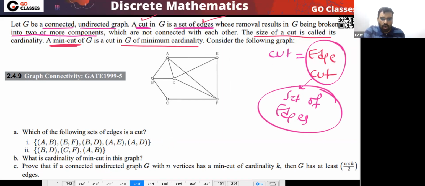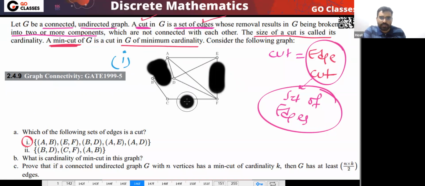Let's check option 1. Is this an edge cut? If you remove AB, let's remove EF, let's remove BD, let's remove AE, let's remove AD.